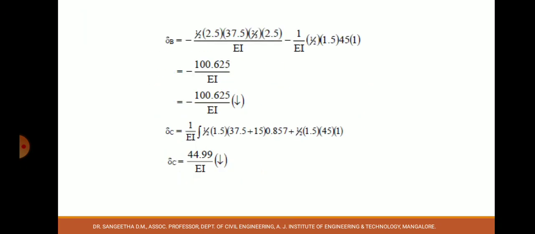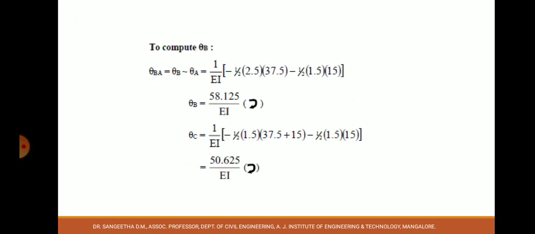For the first triangle, that is for the 15 kilonewton load, half into 1.5 into 37.5 plus 15, that forms a trapezoid, into the CG distance, that is 0.857. Next, half into 1.5 into 45 into 1.